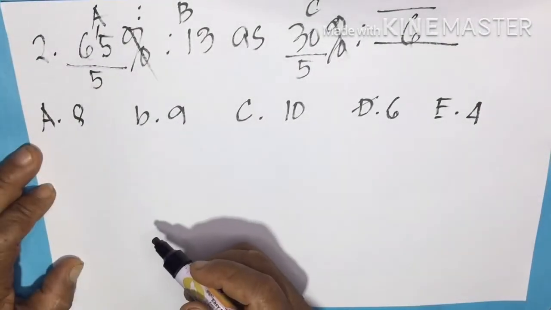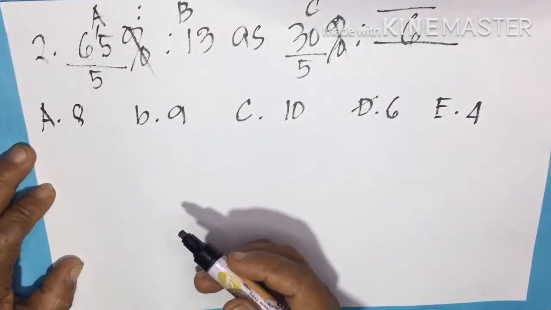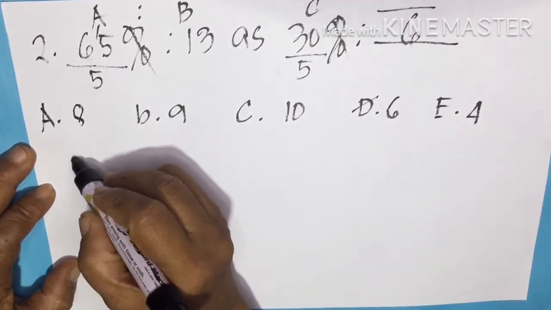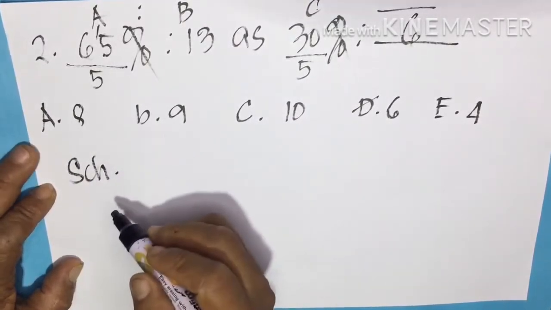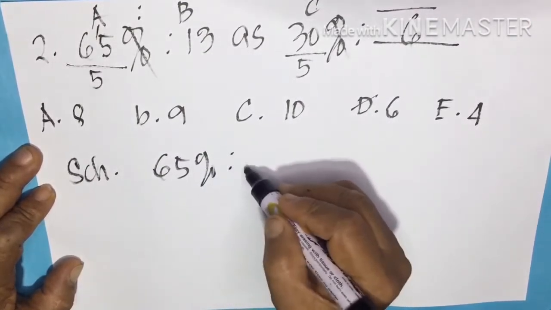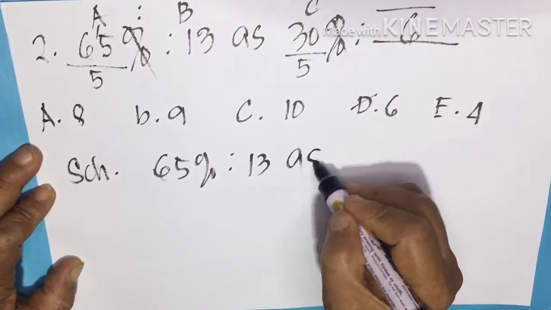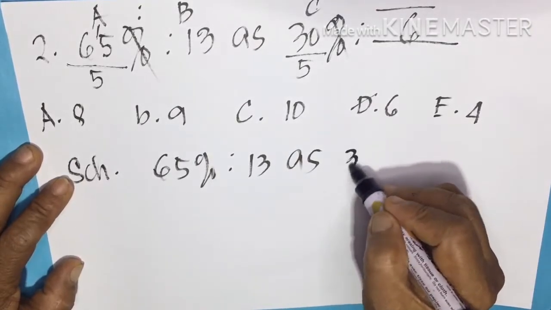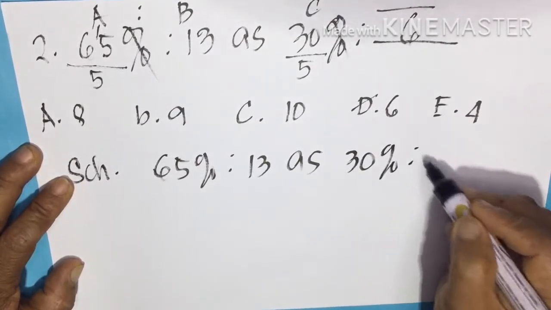So, another way of solving, from the school process, which is from the school: 65% is to 13 as 30% is to blank.